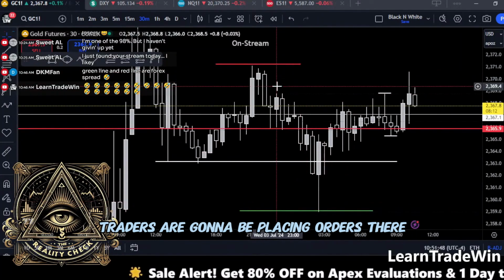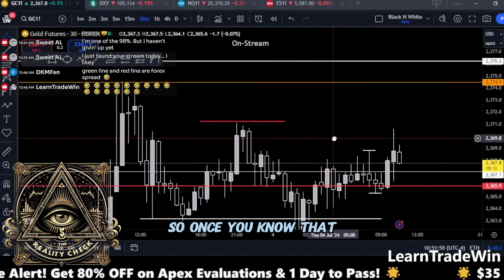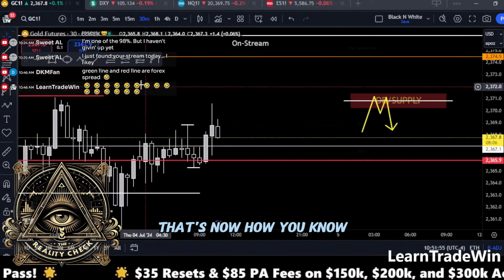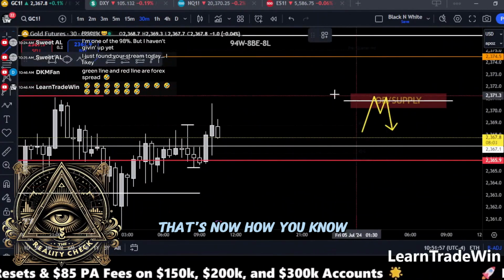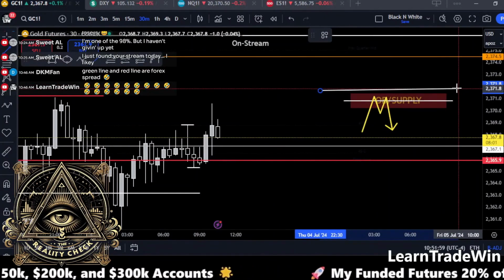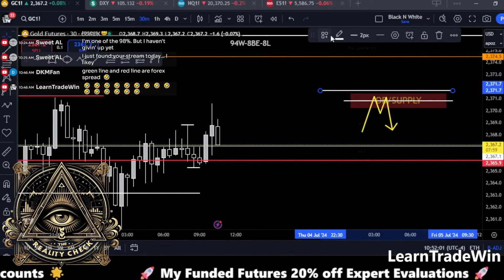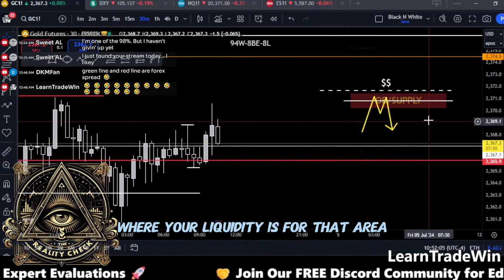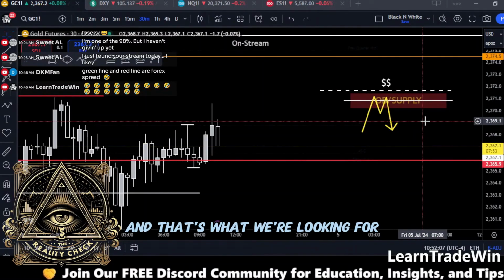Traders are going to be placing orders there. So once you know that traders are going to be placing orders in these areas, that's how you know where your liquidity is for that area. And that's what we're looking for.